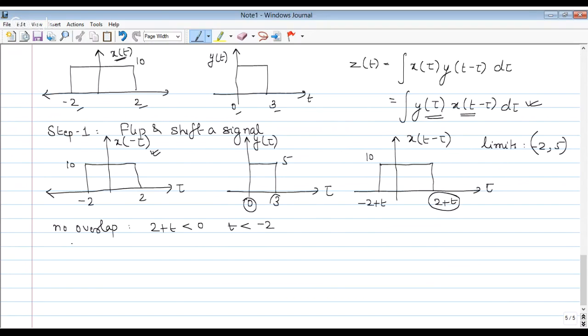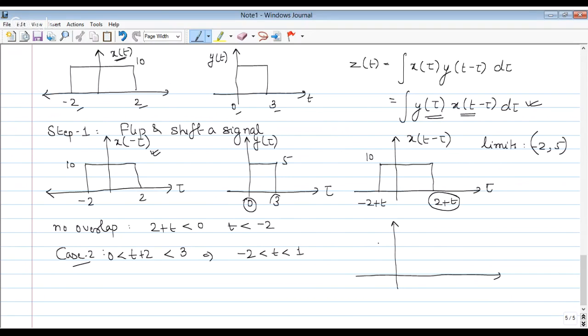In the next case, what I say is that the rightmost edge, t plus 2, is beyond 0 but behind 3, that is t between minus 2 and 1. In that case, what happens is, this will be one of our signals.